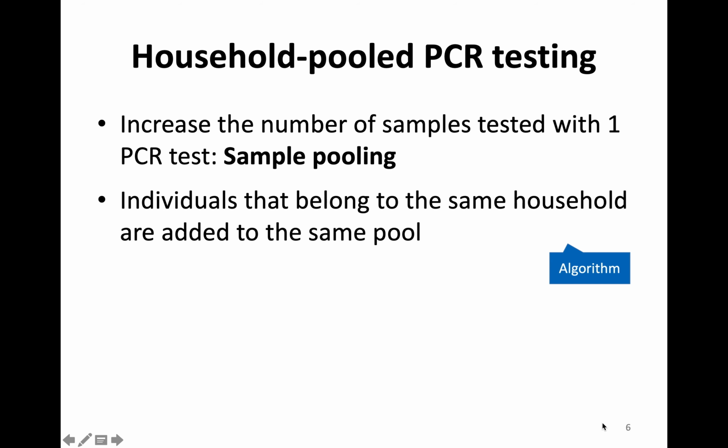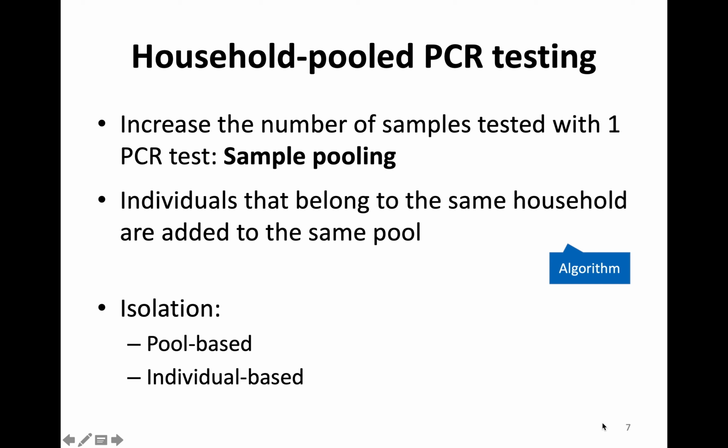These are added to a pool. And in order to allocate a population of households optimally to a fixed set of pools, we also devised an algorithm. I will not go into the details of this algorithm, but please have a look at our paper where all of this is described in detail.